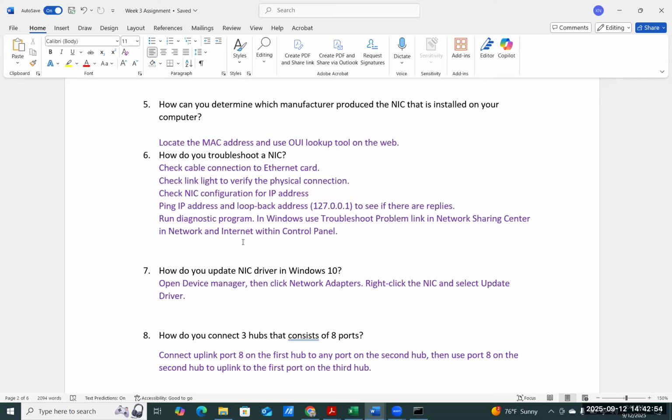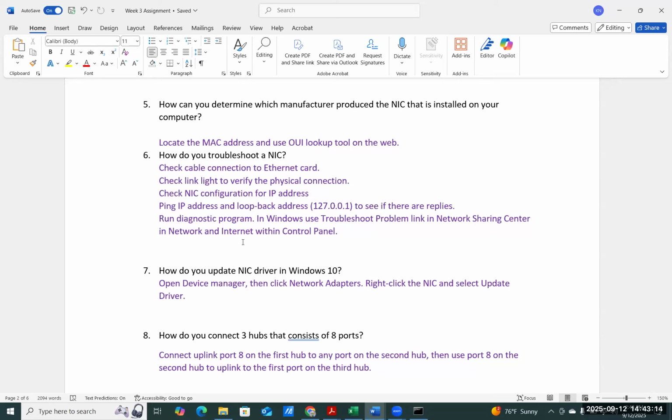A system that's not connected to the network. We are in the business of fixing things. We are the firefighters of the IT world, so you have to understand how to fix these things. So how do I troubleshoot a network adapter?